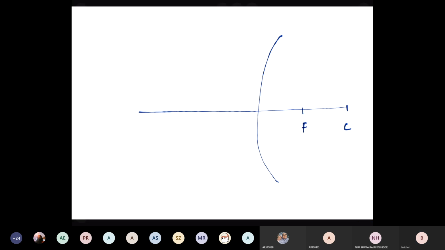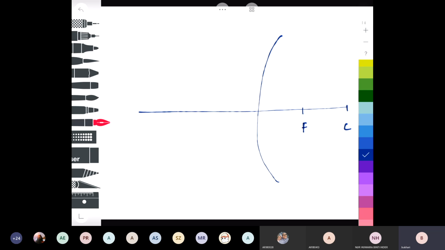Let's say that we have, no, like this. Yang ni lah kan? Okay, now we have F and we have C. Okay, saya buat kat sini. Ini adalah belakang cermin.